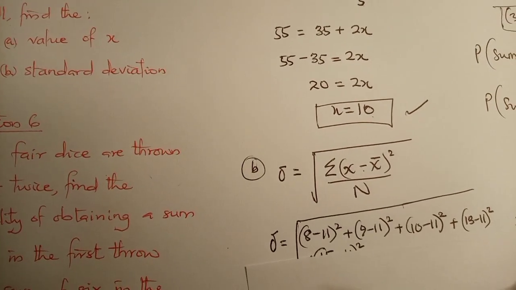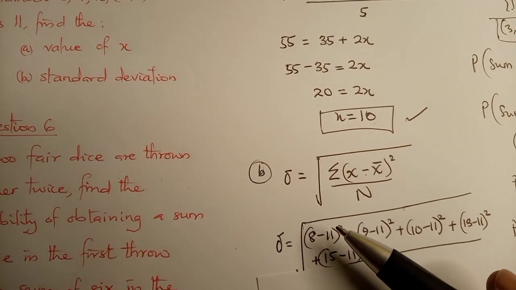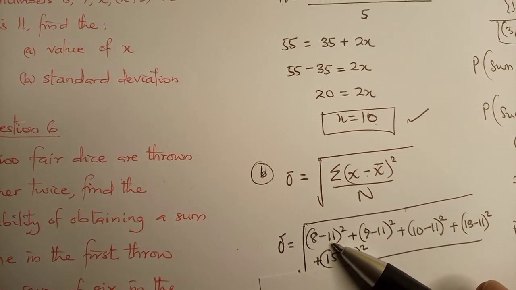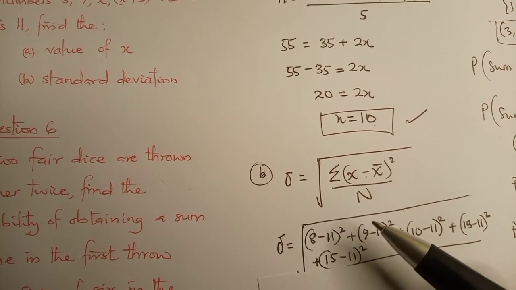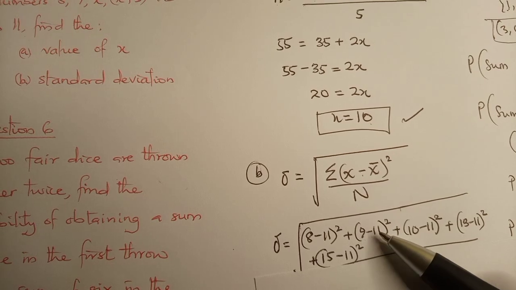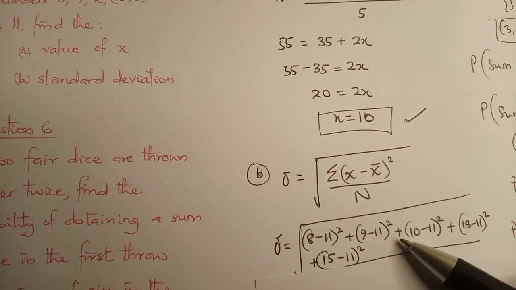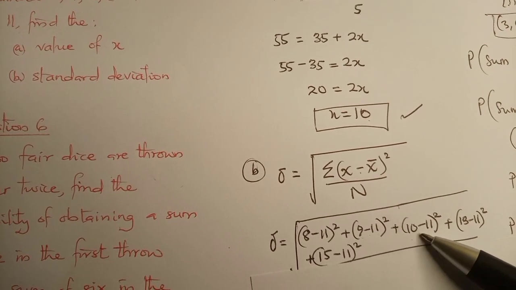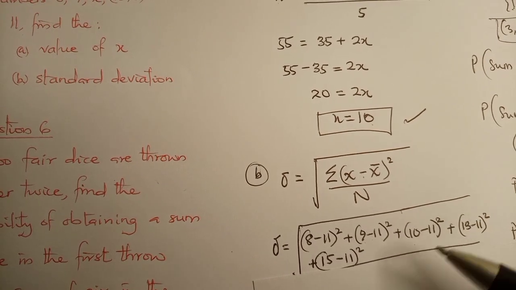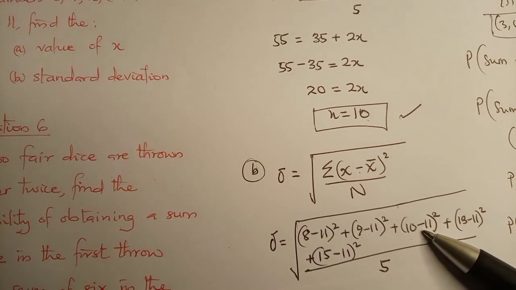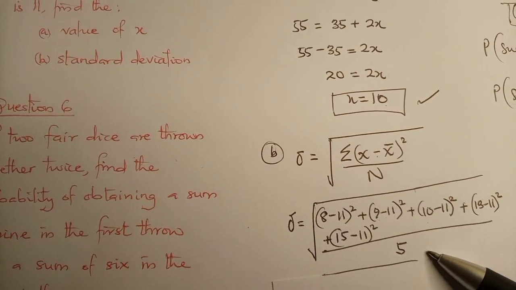So we take each score, subtract the mean from it, and square. Then you add. So we have 8 minus 11, which is the mean, squared, plus the next score, 9 minus 11, squared, plus the next score, 10 minus 11, squared, then the last one, and we have this over 5.